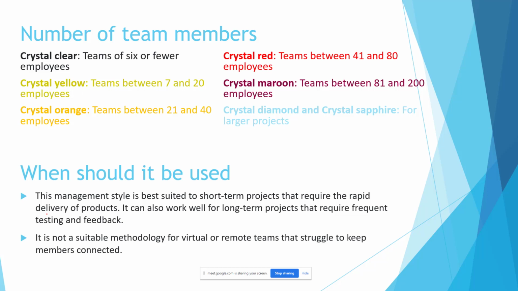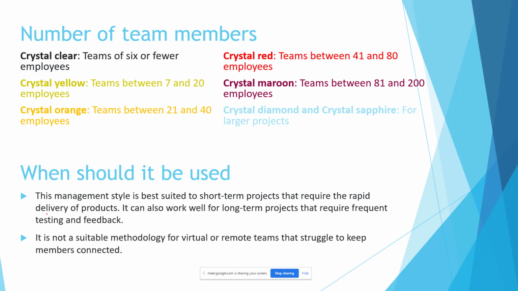This is basically for short-term projects where members work in a single workspace. Crystal Yellow is for teams between 7 and 20 employees. This is where feedback is taken from real users. This variant involves automated testing, which resolves bugs faster, and reduces documentation.